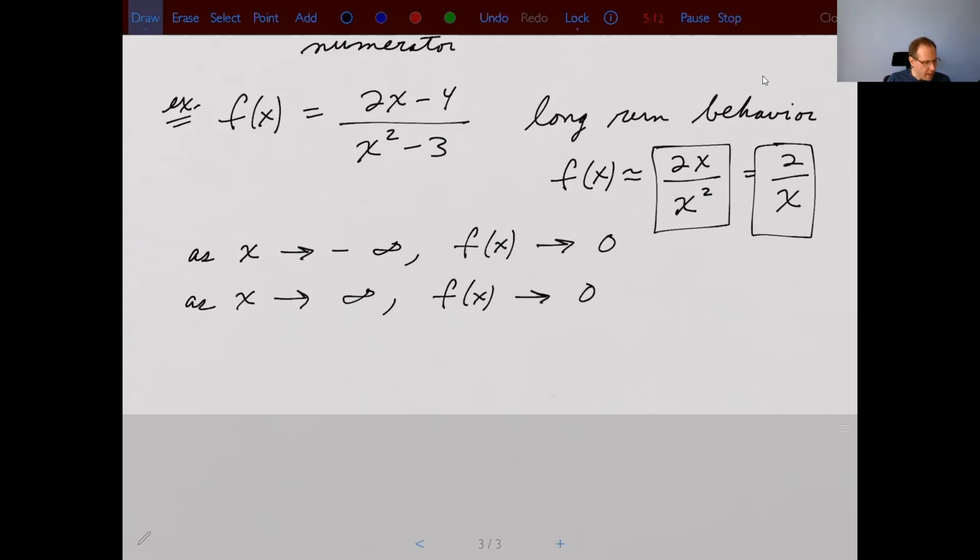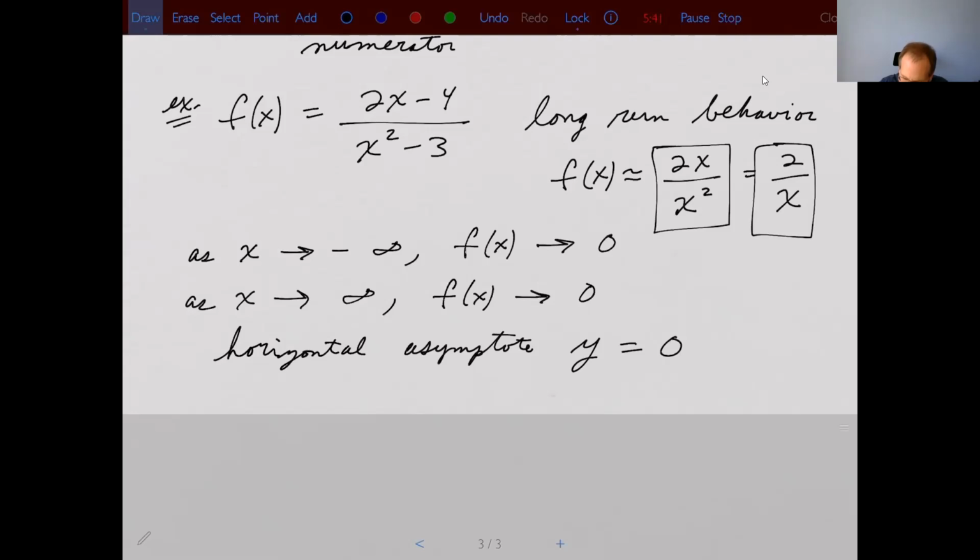So what does that mean? It means that we have a horizontal asymptote of y equals 0, because the function is approaching that value, y equals 0.